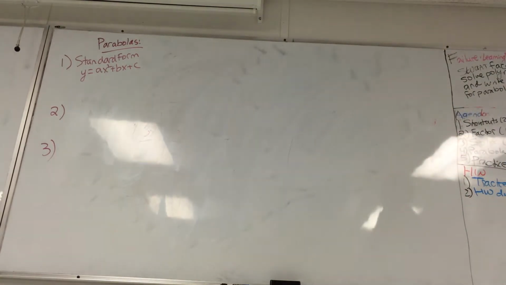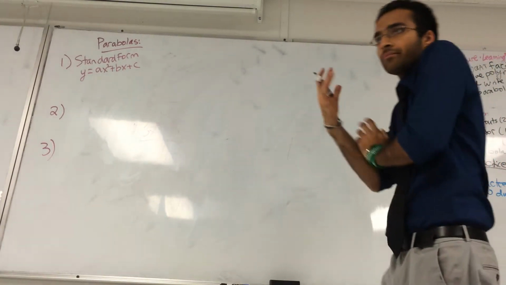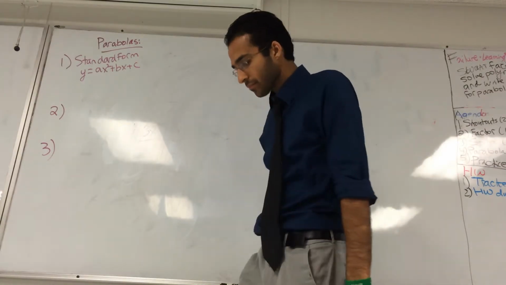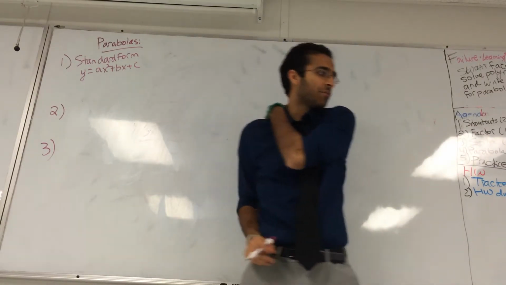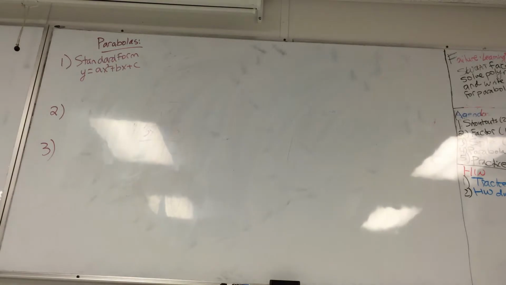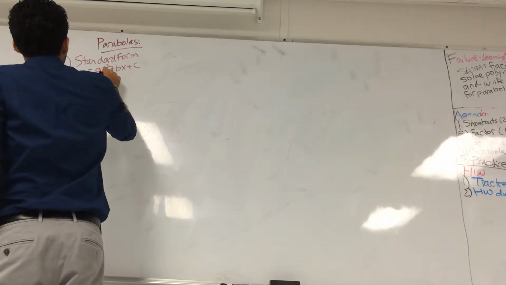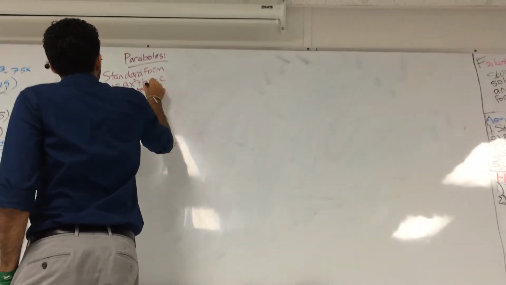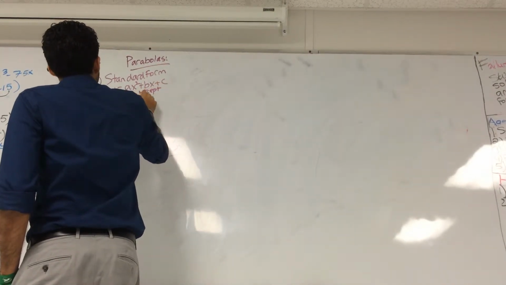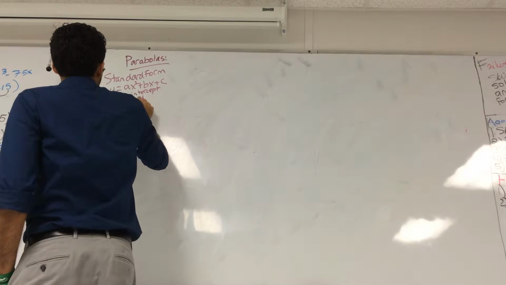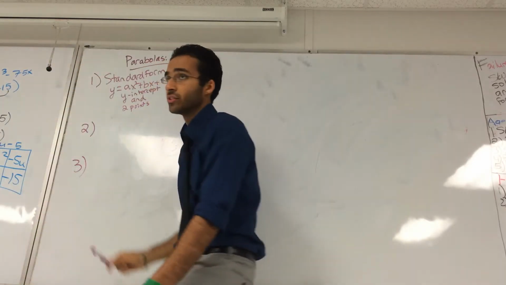Y equals 3x squared plus 5x plus 20. Standard form is really helpful when you know the y-intercept and 2 points. If I give you the y-intercept and 2 points, this is the way to go.